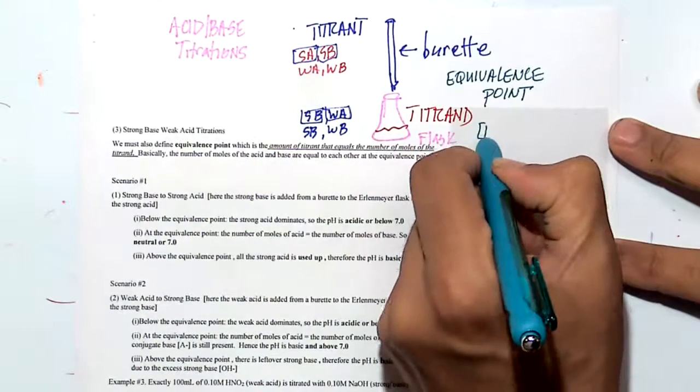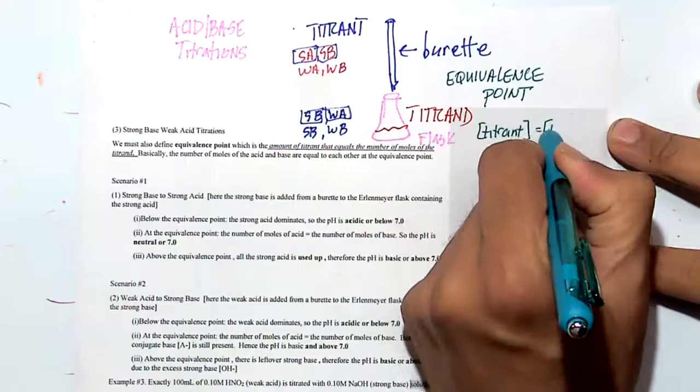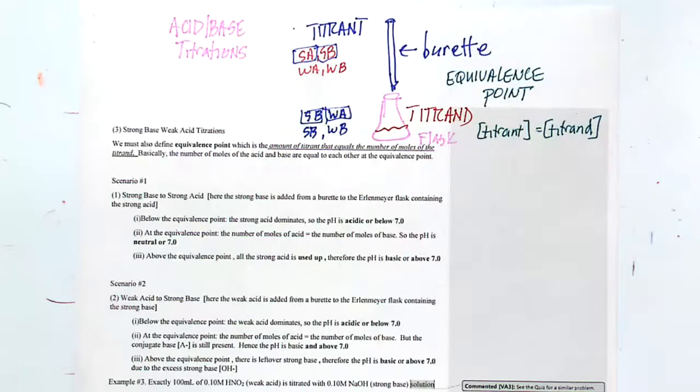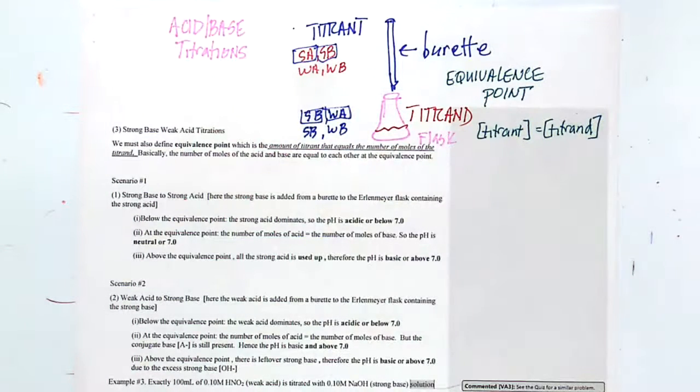So I'll say that's when the concentration of the titrant equals the concentration of the titrand. That's called the equivalence point. Okay, equal number of moles. All right. So you'll have a ton of these problems that you'll do on Friday. So work with your partner and check your answers with mine.